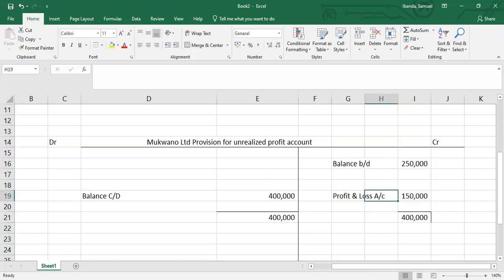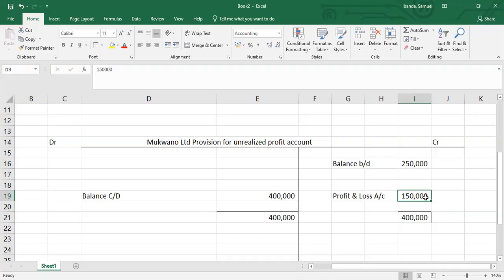So basically, in essence, from the question, they told us that if you compare your closing inventory, the unrealized profit on closing inventory, with what you're opening with, and then you get the difference between the two, especially when this one is higher than the opening, then the 150 here should actually be debited to our P&L.